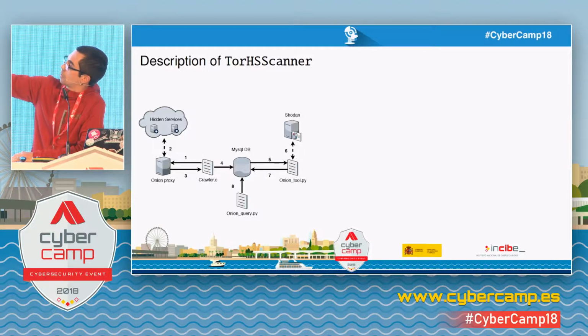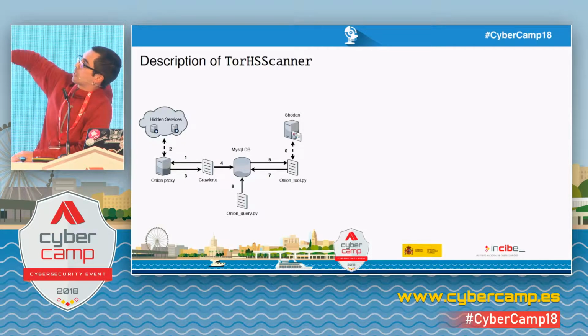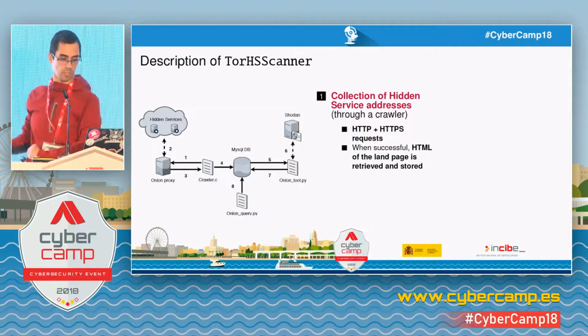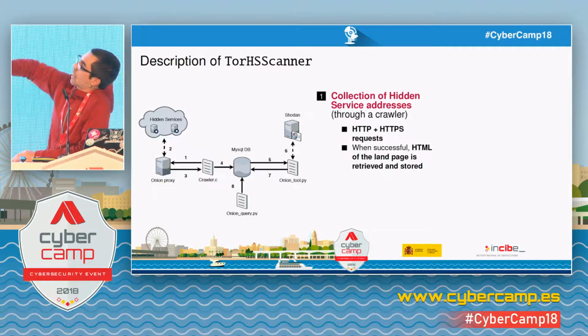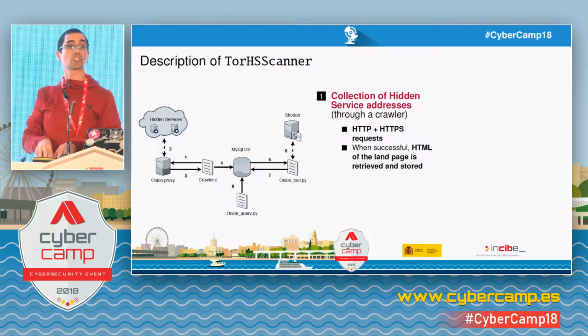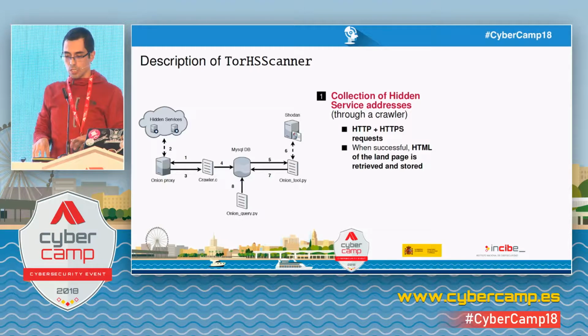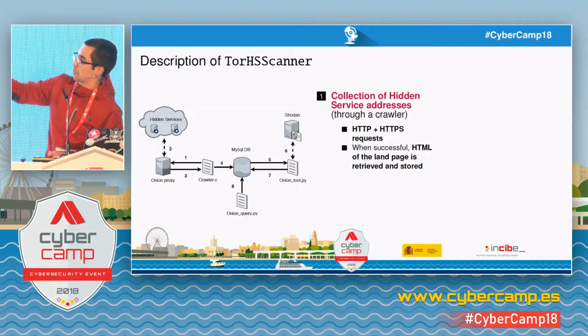So this is a flowchart that we have designed. We have a machine there, which is the Onion proxy, which is being connected to the Tor network and which is collecting addresses. It is collecting each and every one of the main sites of these services.